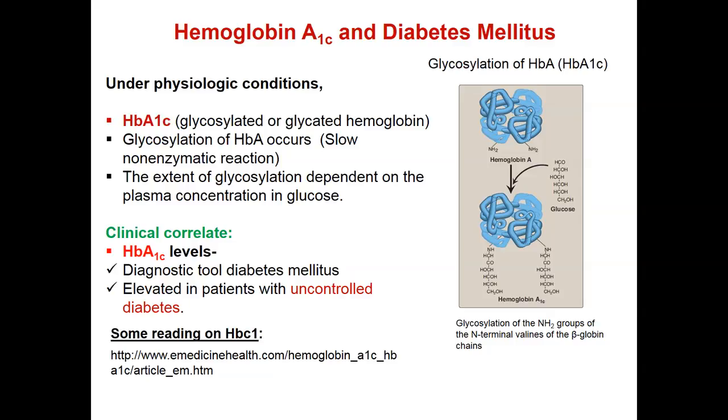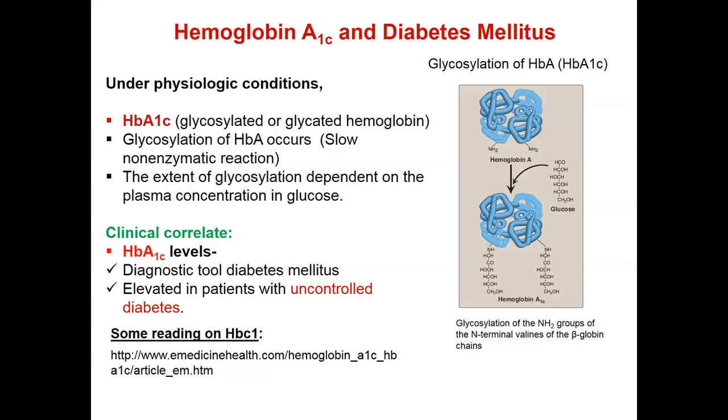Now, hemoglobin and diabetes mellitus. For diagnostic purposes, one of the things that is commonly used, for people who are diabetic and non-controlled, or you just got diagnosed with diabetes, one of the things they measure is the glycosylated form of hemoglobin.